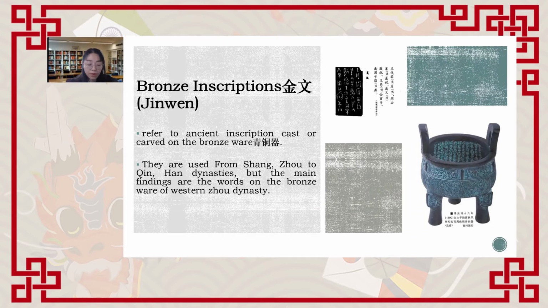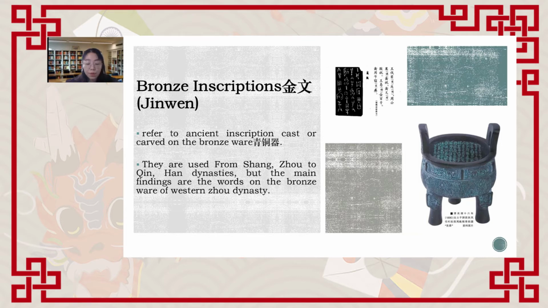Also, we can call it Jingwen. Jingwen is the name of an ancient Chinese calligraphy style, referring to the inscriptions cast on bronze vessels of the Yin and Zhou dynasties, also called Zhongdingwen. China entered the Bronze Age in Xia dynasty, and the technology of melting copper and manufacturing bronze wares was very developed.